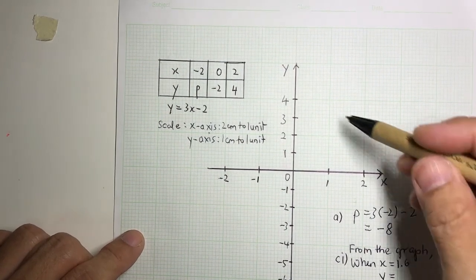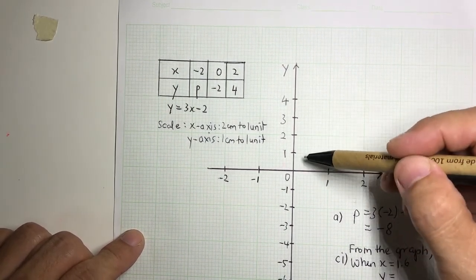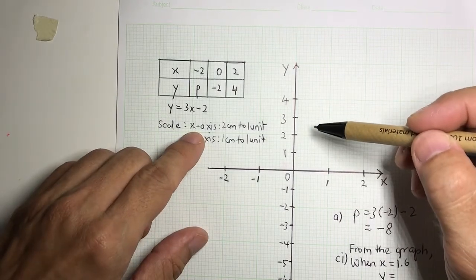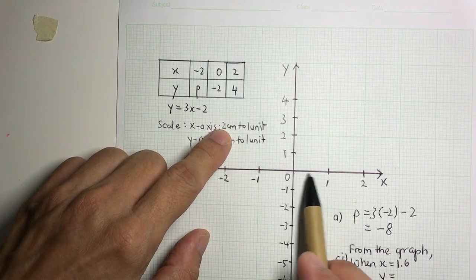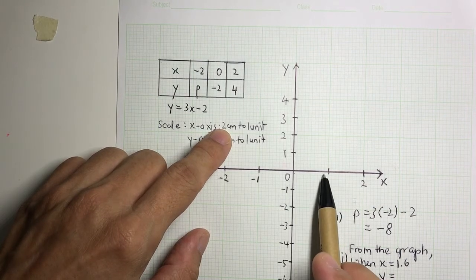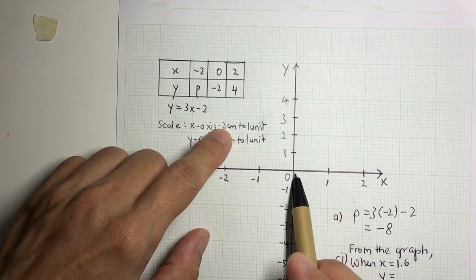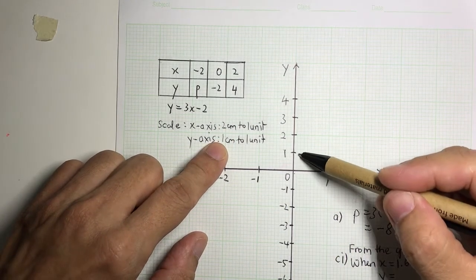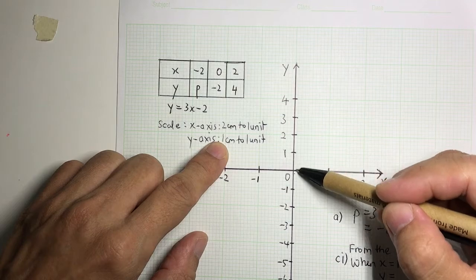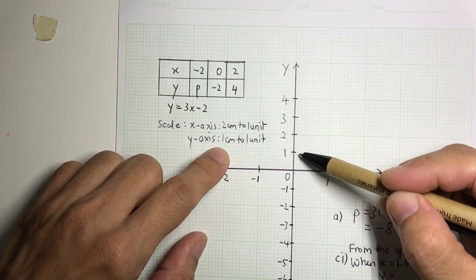The instruction tells us to draw the x-axis with a scale of 2 cm. A big square is 2 cm, representing 1 unit. And the y-axis is 1 cm, which is a medium-sized square, to represent 1 unit.